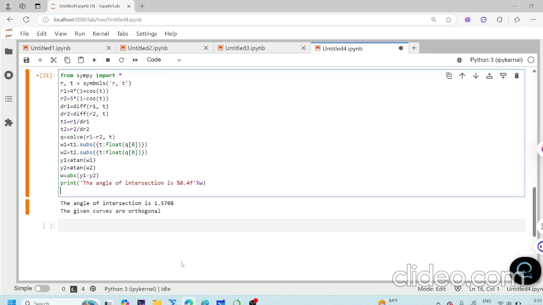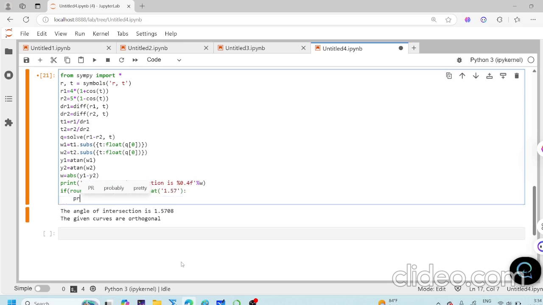So if you round off the float value of W to 2 digits, and it is equal to the float value of 1.57, then print the given curves are orthogonal.